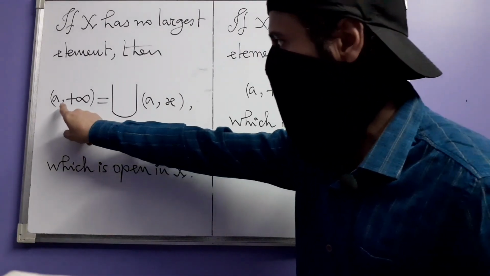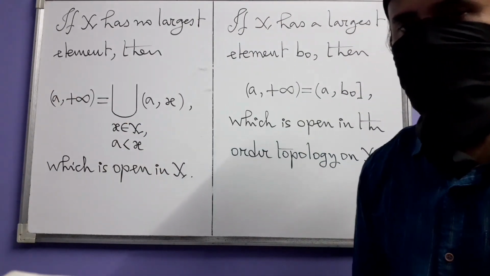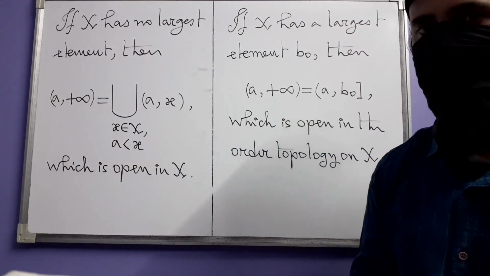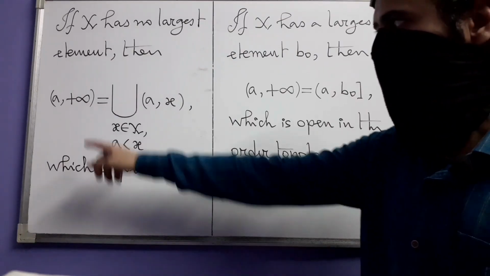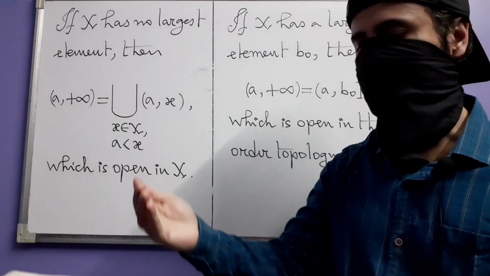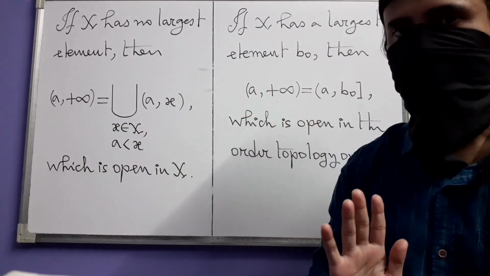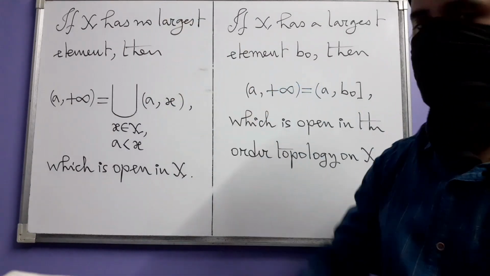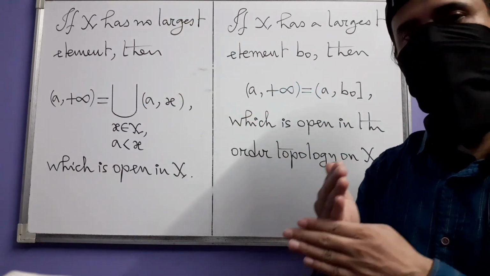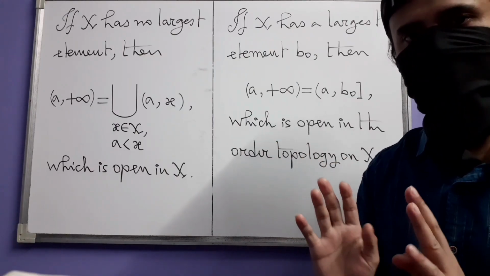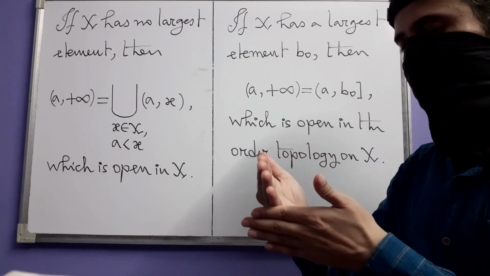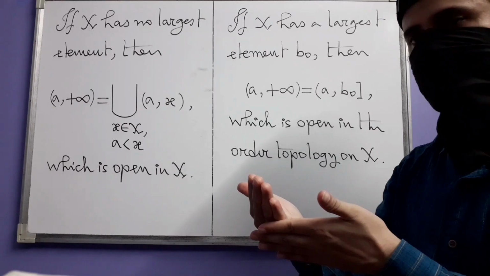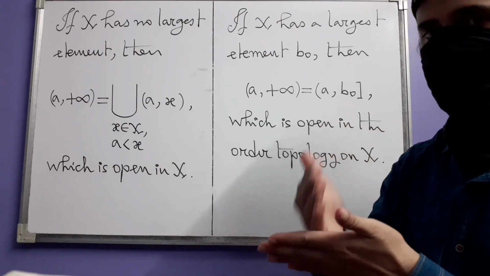Conversely, you take any element here, say z, then what does z satisfy? z is greater than A. Now you use the fact that X has no largest element. So z in particular cannot be the largest element of X. X has none. So there will thus be a larger element than z.